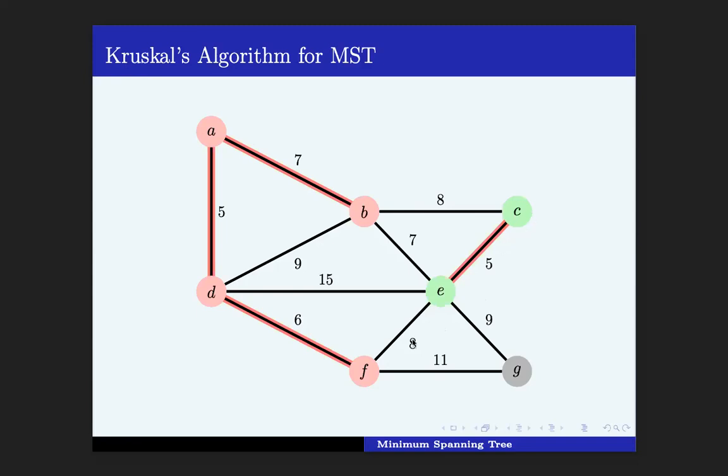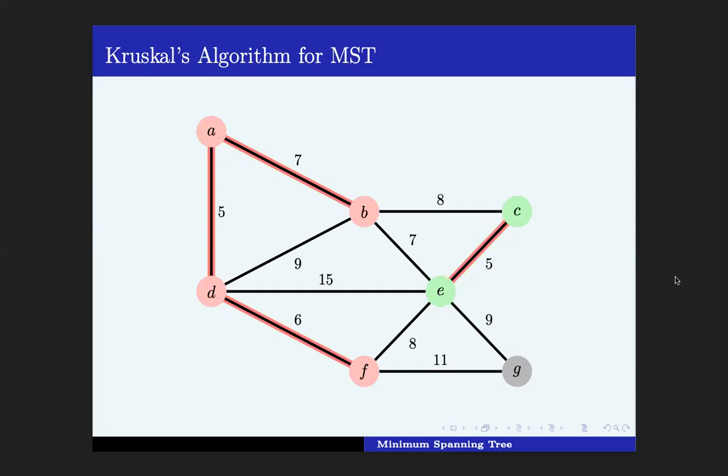These green things are another connected component. If I take an edge, say D and B, both of which are in the same connected component, then I will produce a cycle. If I take an edge across two connected components, then I will not produce a cycle. So I need to keep track of which connected component each vertex belongs to.